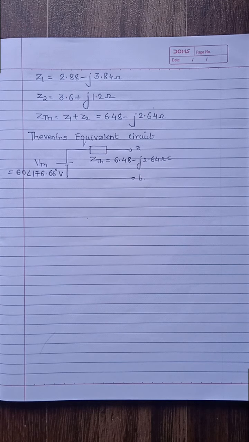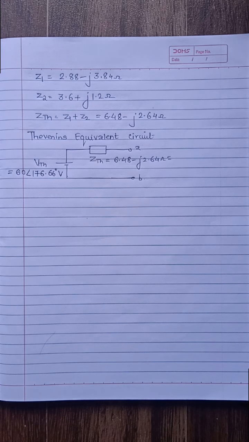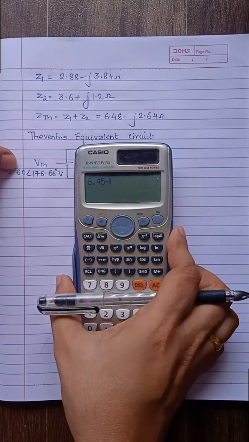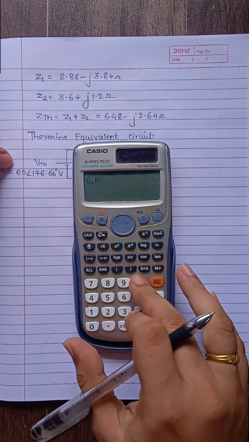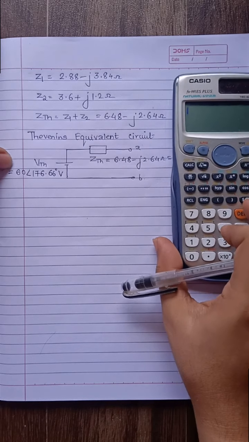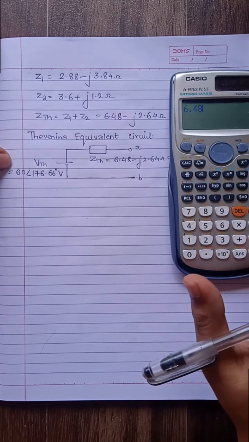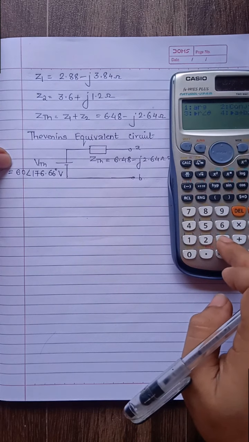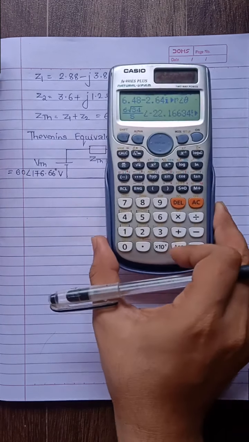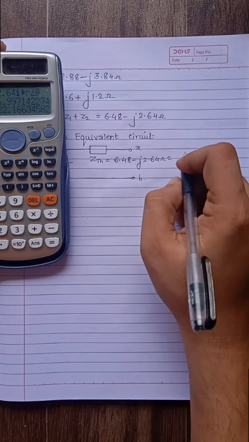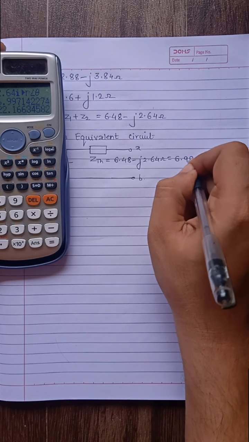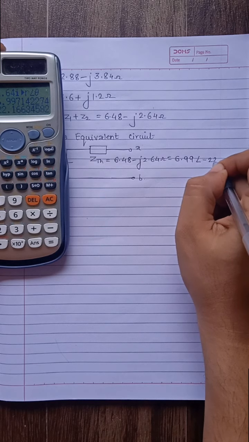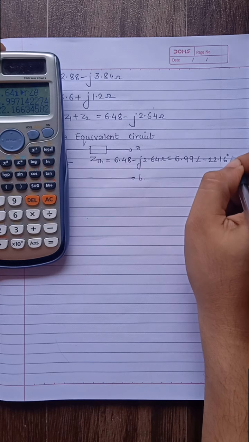Or again you can convert it to the polar form, as you will get 6.99 at an angle minus 22.16 degrees.